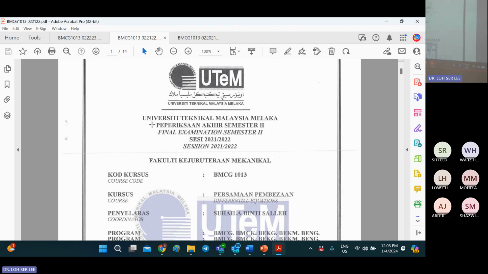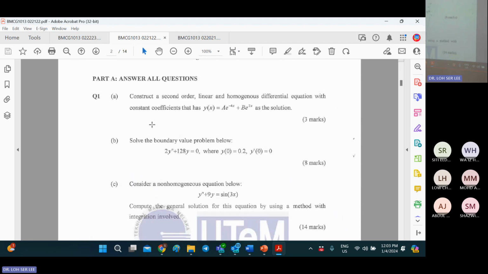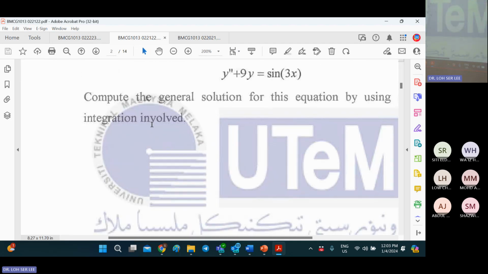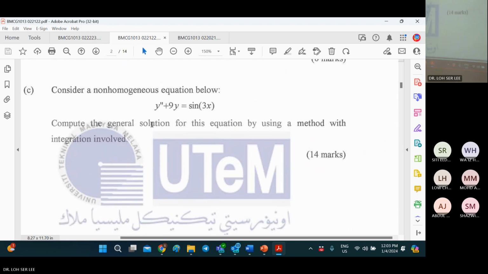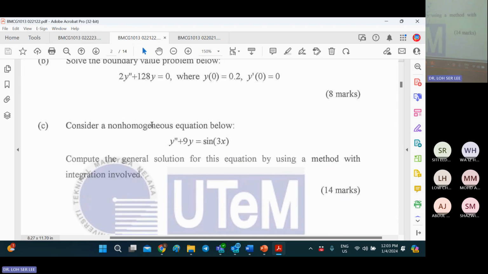And we look at another year, 2 years back. Question 1C. Consider a non-homogeneous equation, this one, sine 3x. Compute the general solution for this equation by using a method with integration involved.